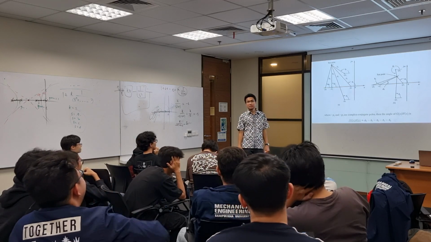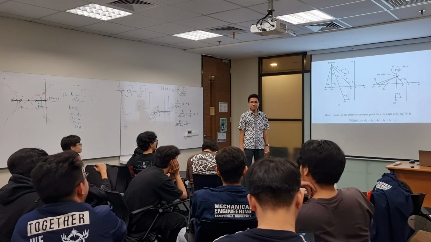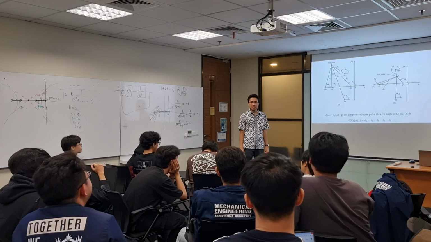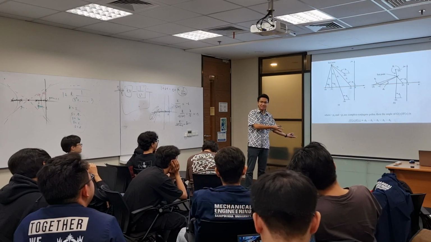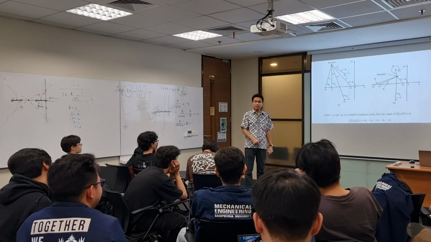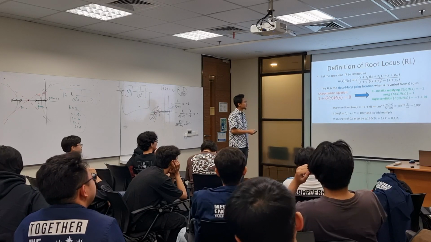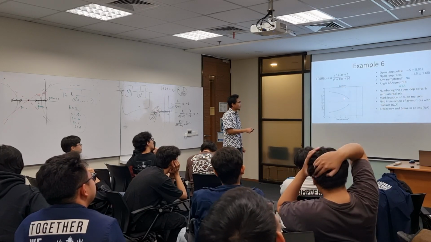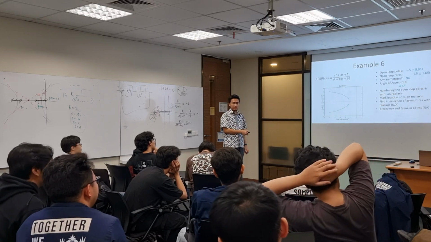Sir, I have a new question. When do we use magnitude check and when do we use angle check? If you cannot find the root locus by using the rules that we just discussed, for example, when we are encountering this, we cannot use those rules.